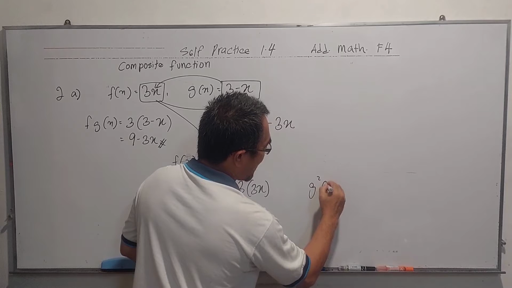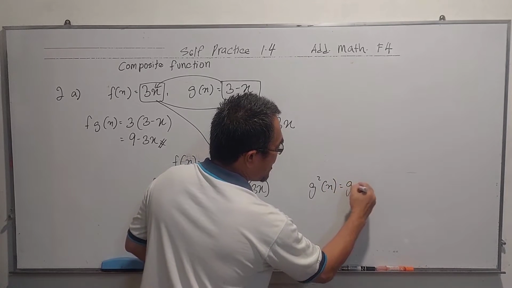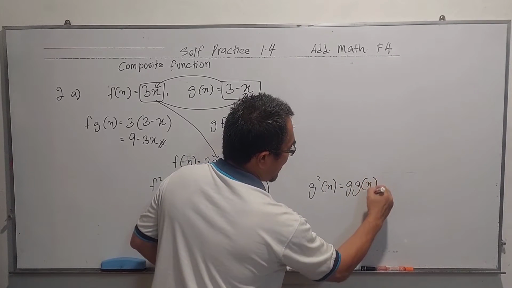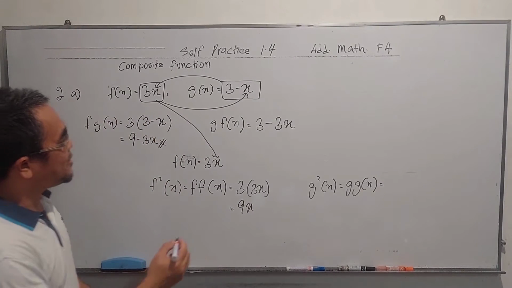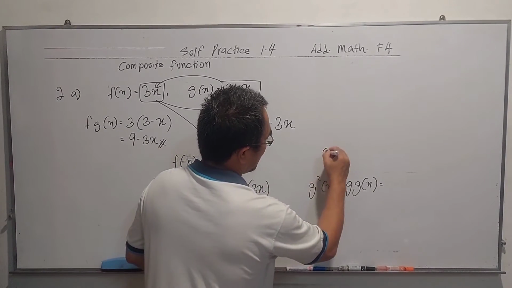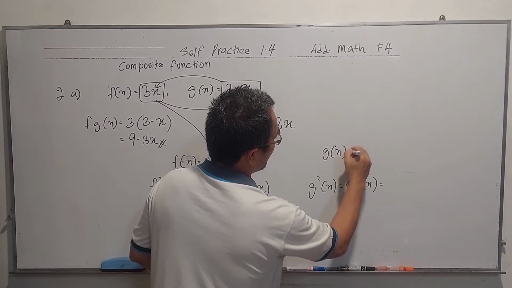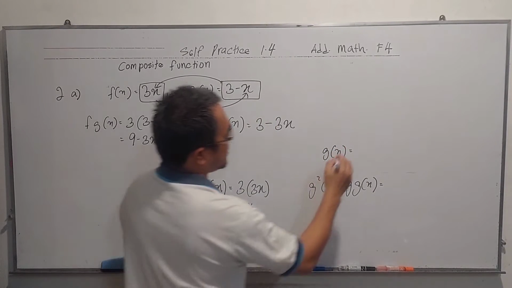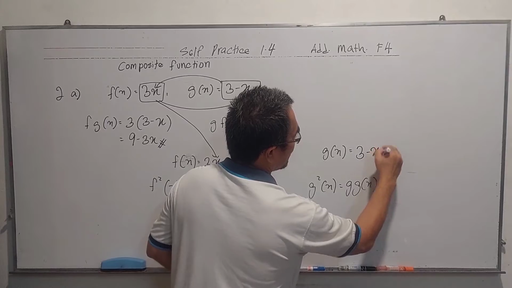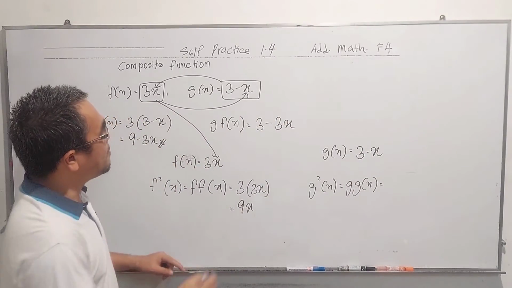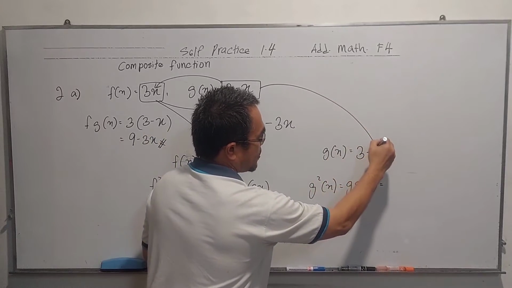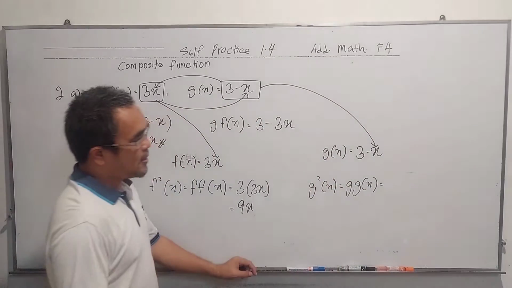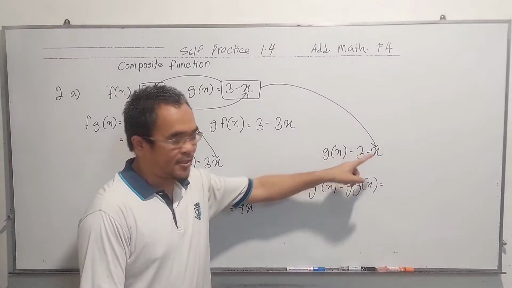And the last one will be g squared. g squared x is g(g(x)). Similar to just now, I'm going to write g(x) again. g(x) is 3 minus x. So I'm moving the box here to the other g where x is.